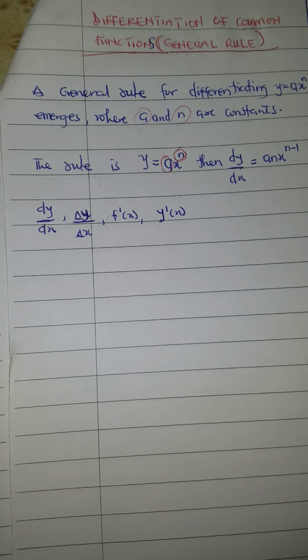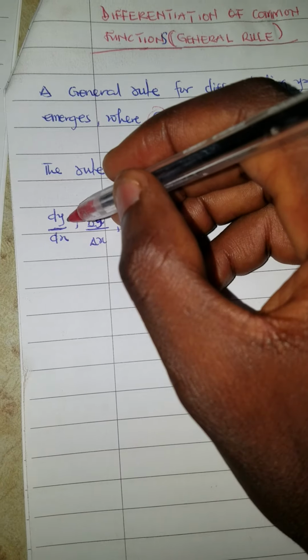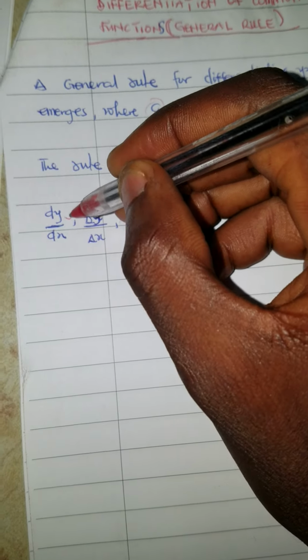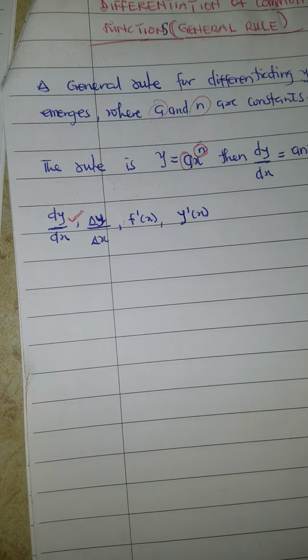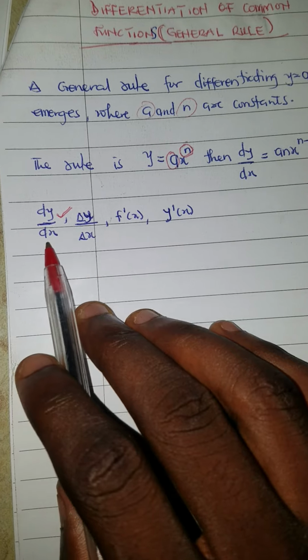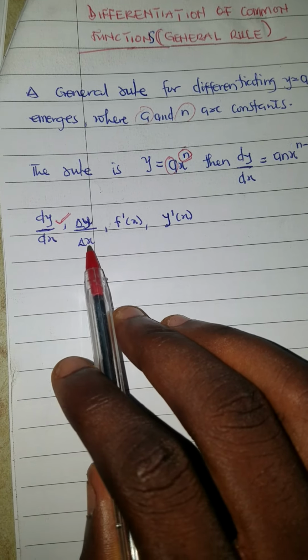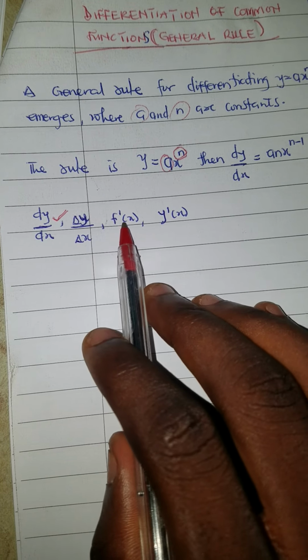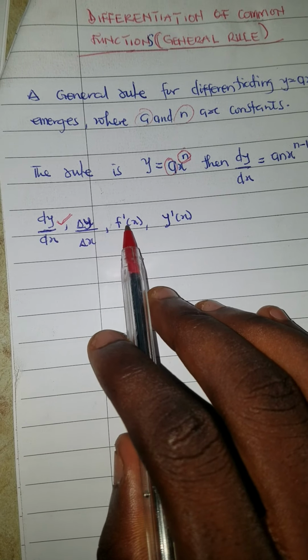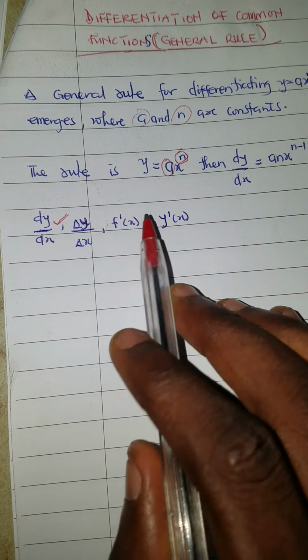I also want to let you know that in differentiation, we represent it as differentials. For example, in our previous video, we learned about dy over dx, and the change in y and change in x. We also have f of x, f prime of x, which means differentiation of a function.